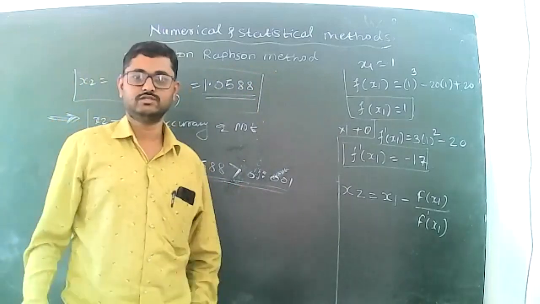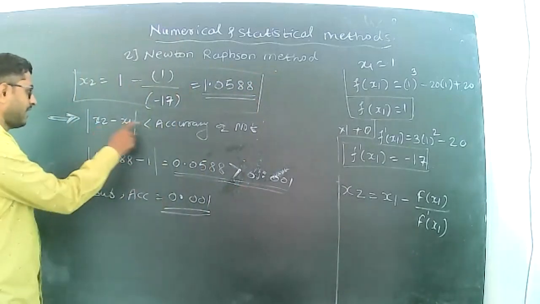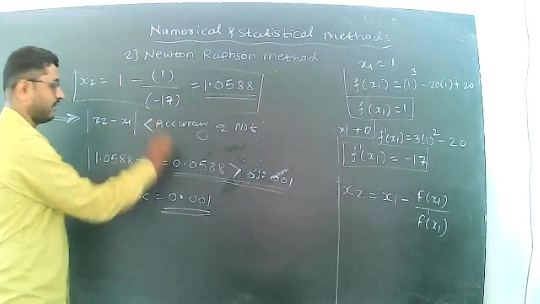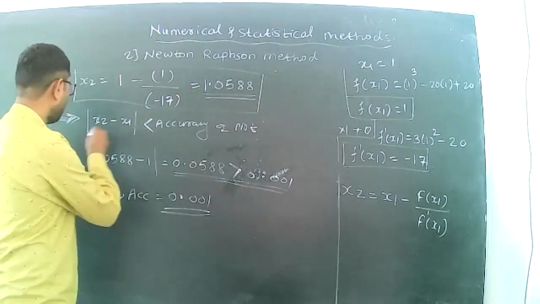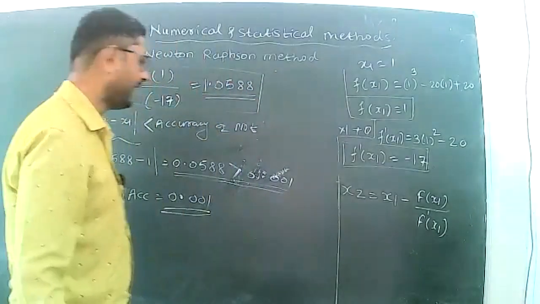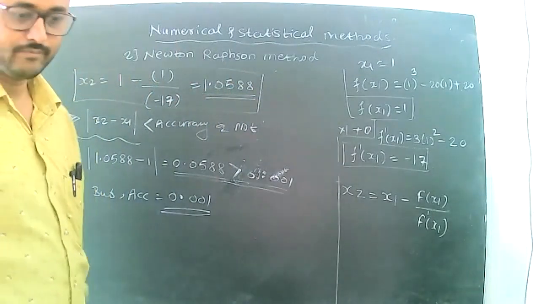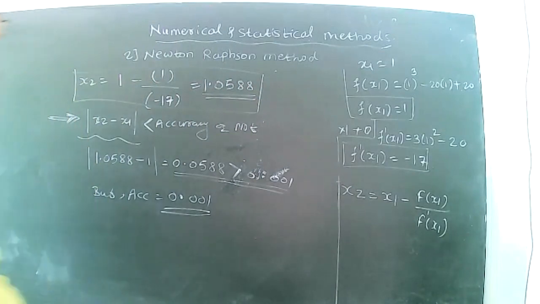The condition of accuracy is that mod of x2 minus x1 should be less than accuracy. So we have to perform the next iteration, number 2.